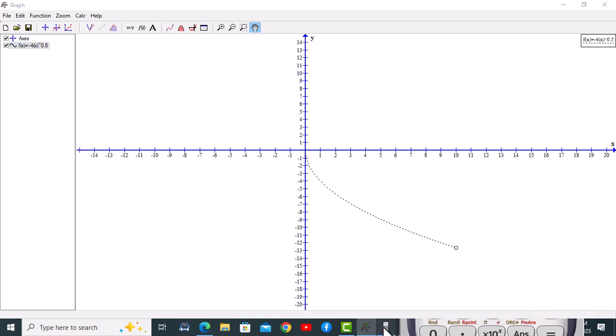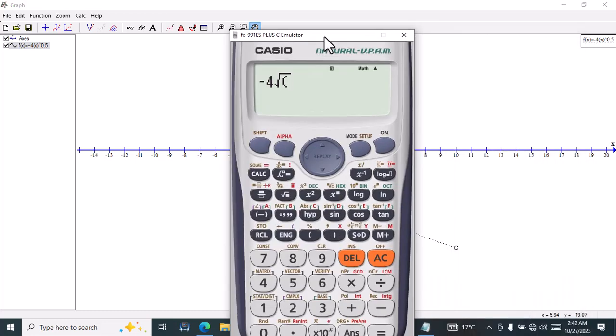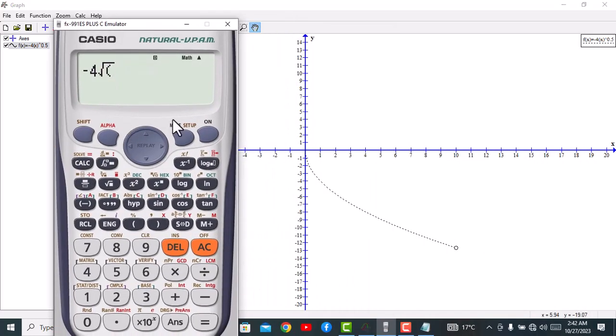So let's see whether it is increasing or decreasing. I'm going to take the value of x as 1 first. I substitute 1 there, and I find negative 4.